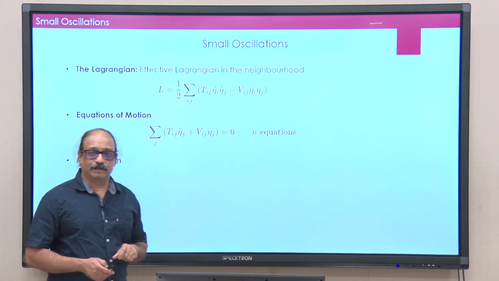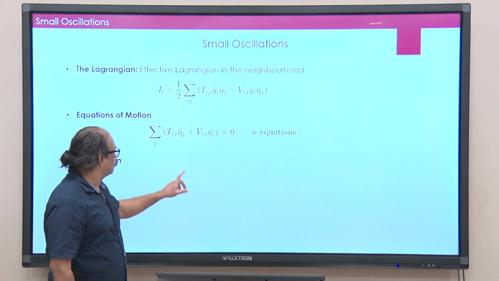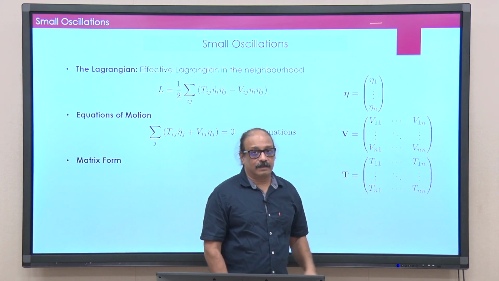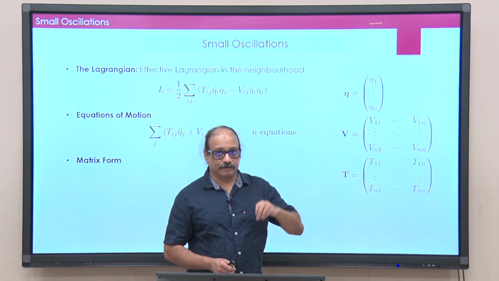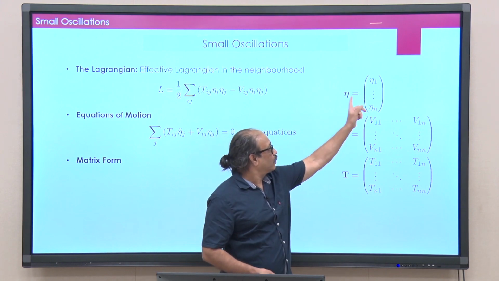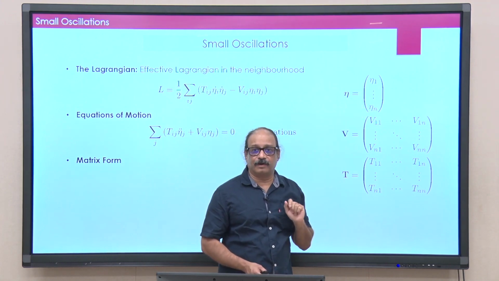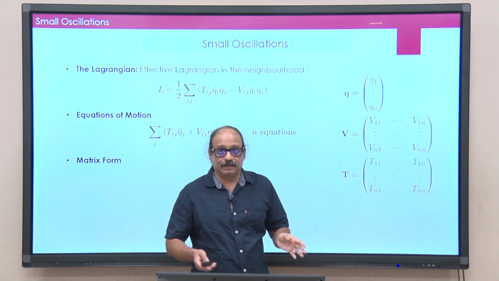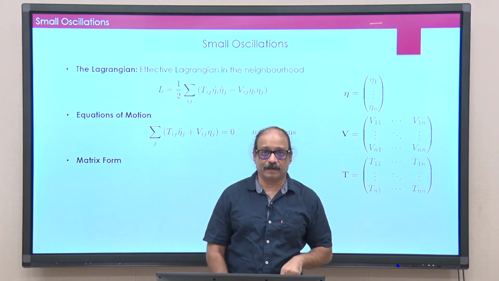Normally, we would like to put this in a matrix form. So, what I will do is I will put this eta in a matrix form. There are n components to eta, eta 1 to eta n, you put them in a column matrix and call it bold symbol eta. V naturally fits into a square matrix, which is n by n.